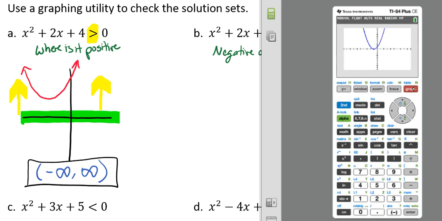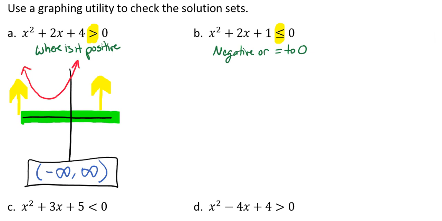Now we'll hit graph. And here we're going to notice that it's really never below the x-axis, but it does touch the x-axis at the number -1, meaning at least it will be equal to 0. So let's sketch that really quick for later. We're going to come up and just touch right there.